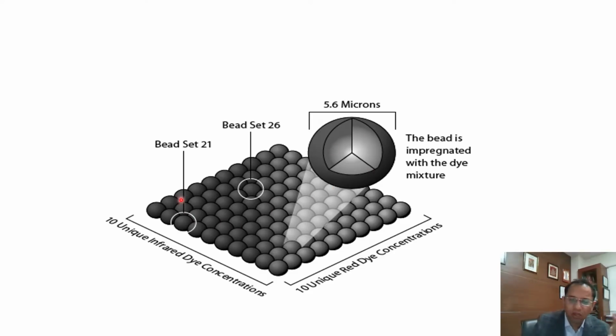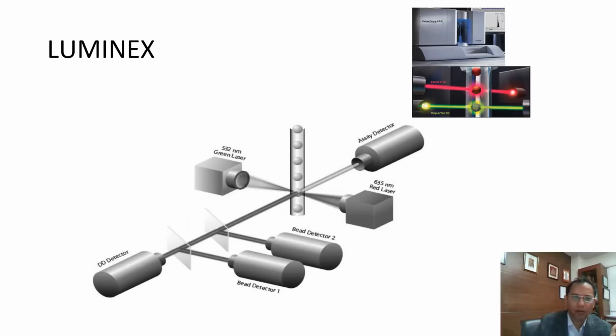bead. Now on these beads there is an HLA antigen coated. So when this bead with the HLA antigen coated, and along with that when you add the serum, the antigen antibody reaction takes place, it runs through a channel. It is hit by two lasers. Now what is the function of these lasers?